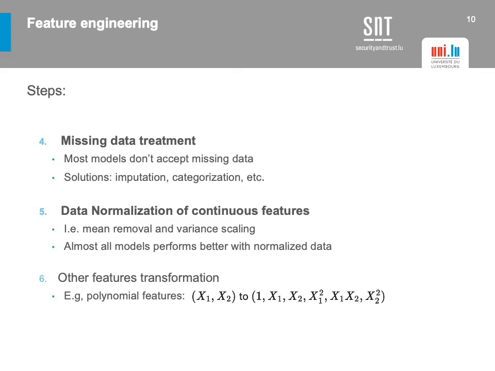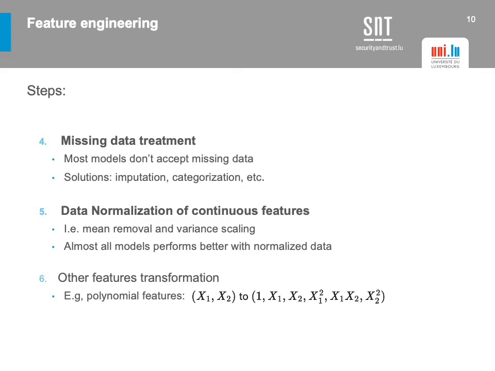Also, what you can do that is not mandatory, that is optional, is to do some other feature transformation. For example, one type of feature transformation is to add polynomial features. What does it mean? It means that you put some features to the square.